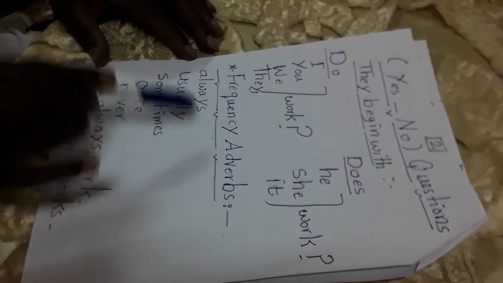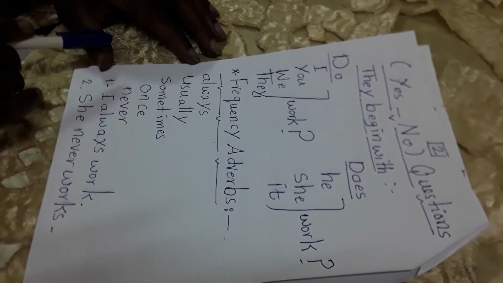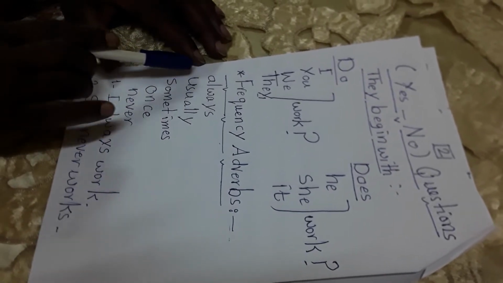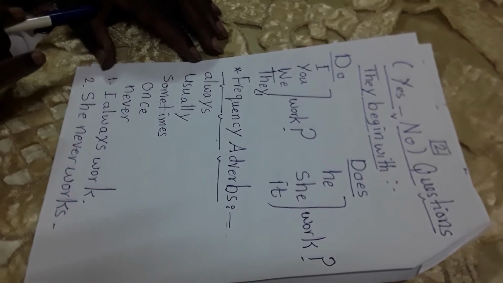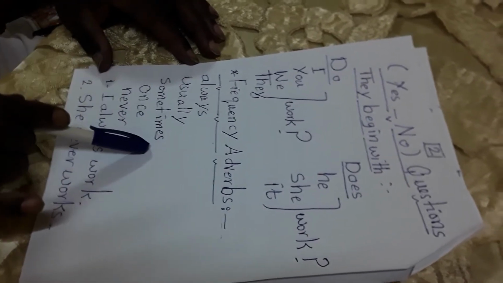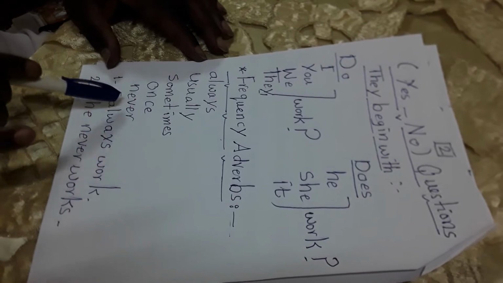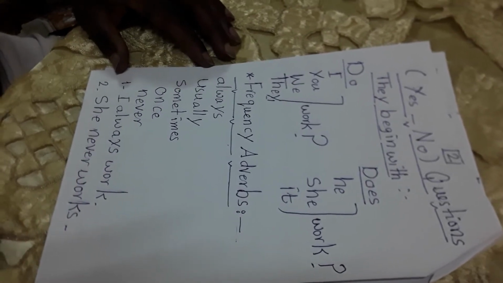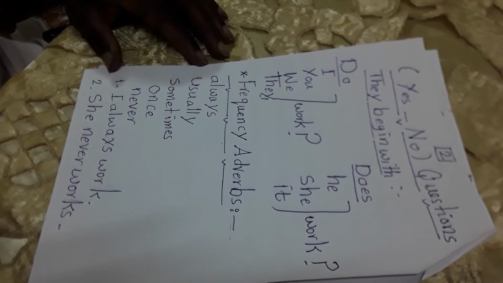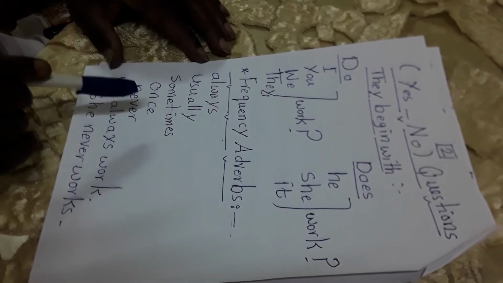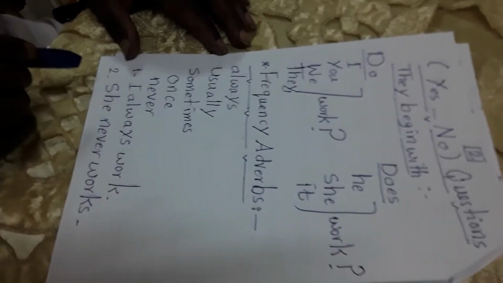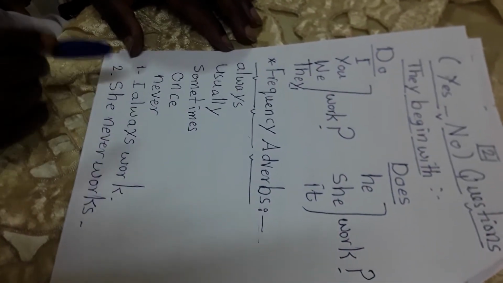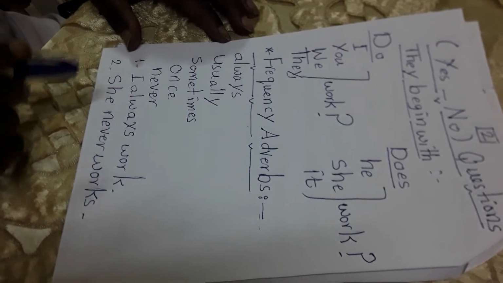Some of these frequency adverbs are always, usually, sometimes, once, never, and others. And try to be careful that most of the frequency adverbs come after the subject, except once or every.